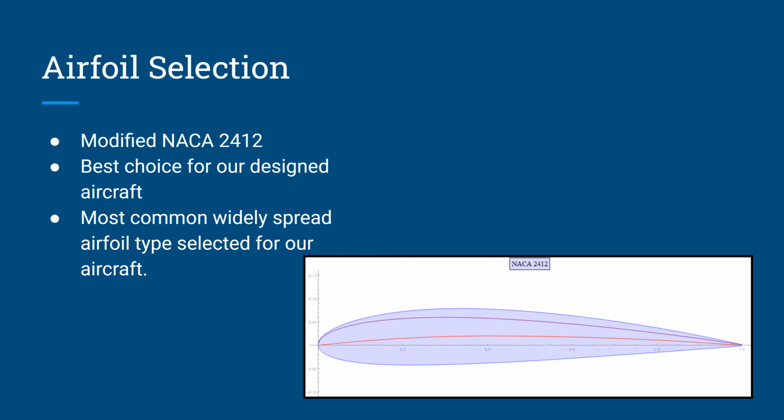We tried to compare the 4 and 5 digit NACA airfoils to our aircraft and see what actually works best with our design. The best choice for our aircraft was NACA 2412, which has a very high maximum CL over CD ratio, as well as being the most common, widely used airfoil for this specific design, the Cessna Skyhawk.